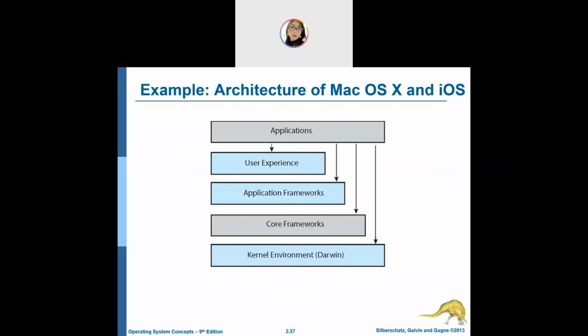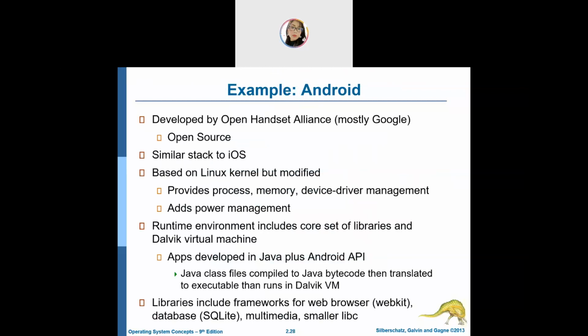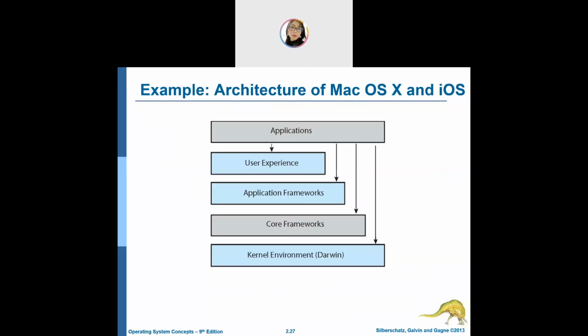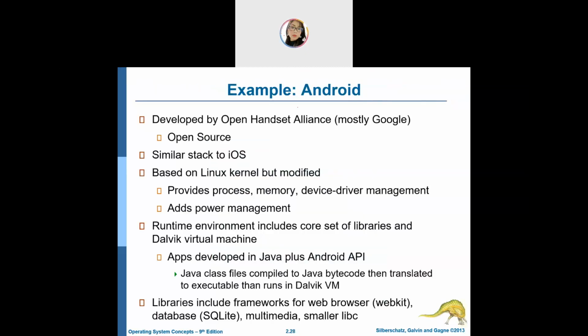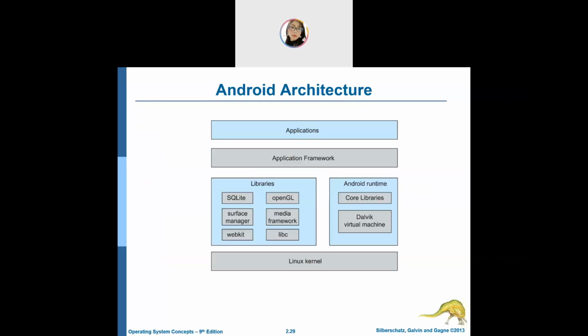You can see this is an example of what Mac OS looks like. Besides Mac OS or iOS, you also have Android, and Samsung is a brand, but Samsung is not Android. Android is the operating system that is used by several other brands, especially for smartphones.